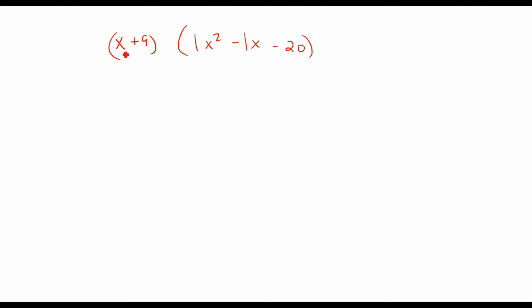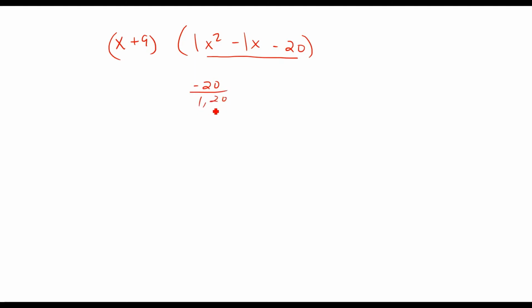Okay, we know one of the factors, and now we can try to split this quadratic polynomial out. Since we have a 1 in the front, all we have to do is take the negative 20 in the back and factor it out.